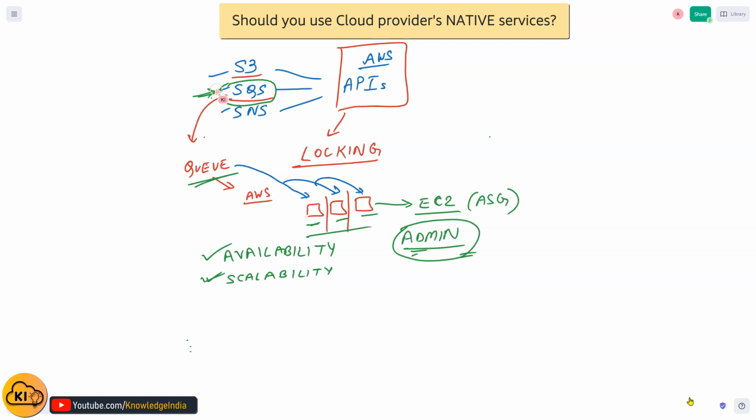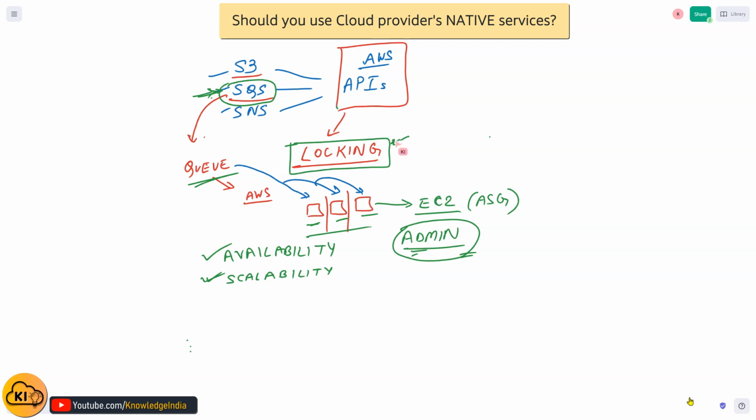Okay, so coming back to this locking part, right? Let me address this as well briefly. People say that we do not want to use a cloud provided solution, because if we are using their APIs, then we'll be locked into that.